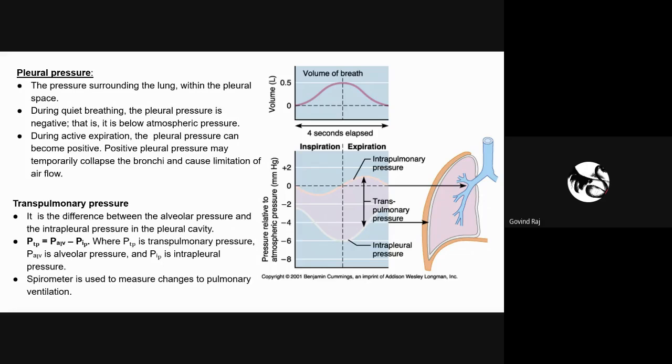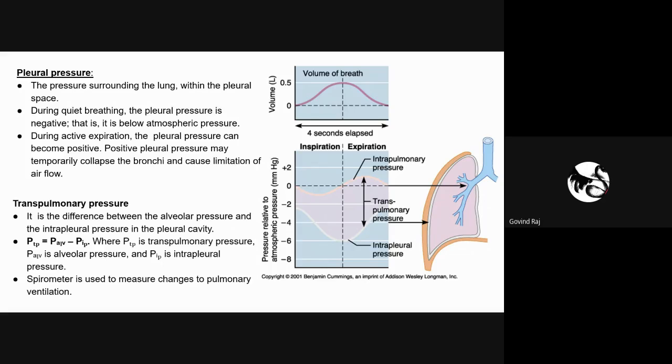When we begin our expiration, just the opposite of what happened in inspiration takes place, that is, the pleural pressure is again rising up towards the negative 2. So that is pleural pressure.